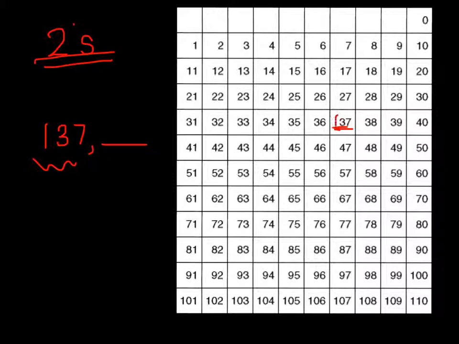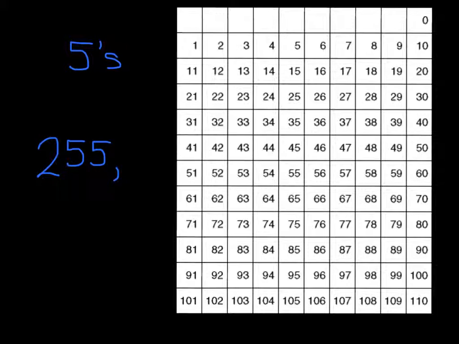Pretend or imagine that that is a 137 and count by twos from there. So take 2 steps and the next number is 39, but of course we have to write 139. If you take 2 more steps, you would reach 40 and then 41, or 141, because we are not forgetting that we are in the 100s here.